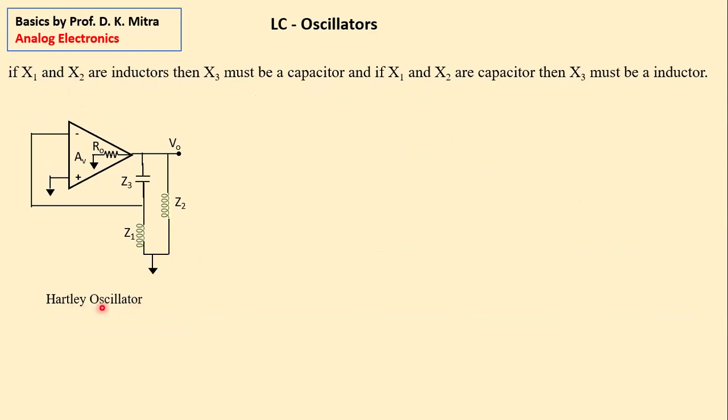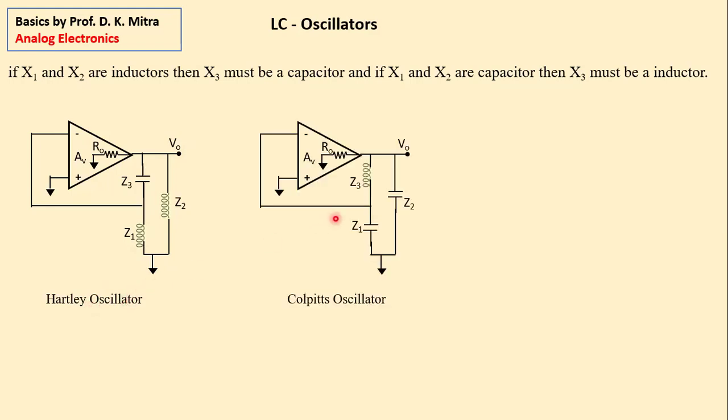One is called Hartley oscillator, where X1 and X2 are inductors and X3 is a capacitor. And where both X1 and X2 are capacitors and X3 is an inductor, this is called Colpitts oscillator.